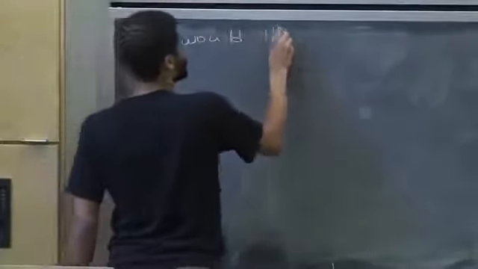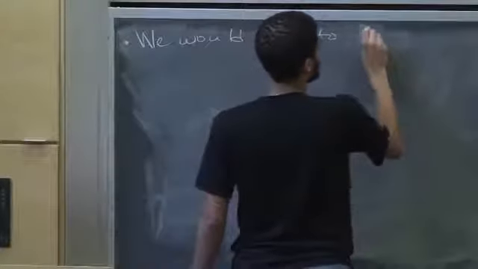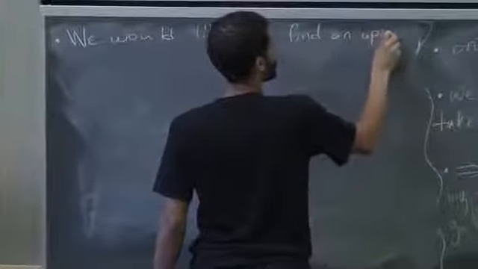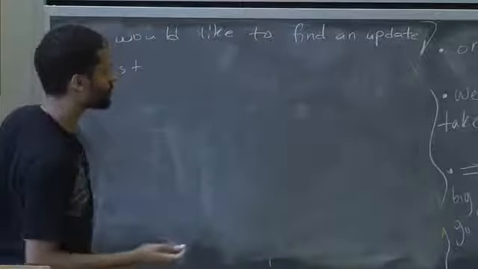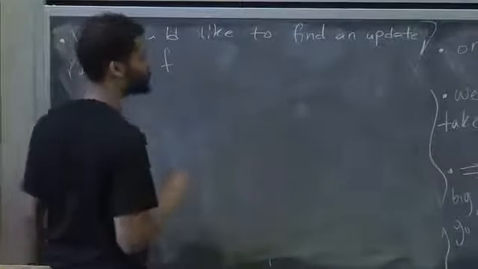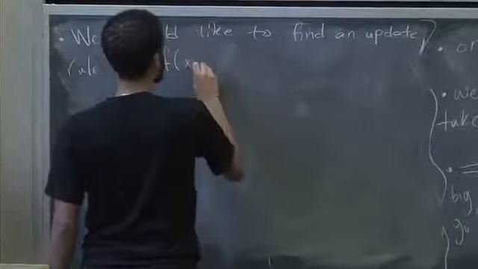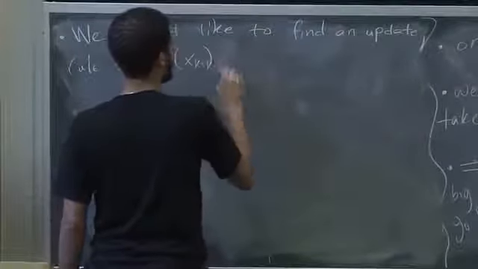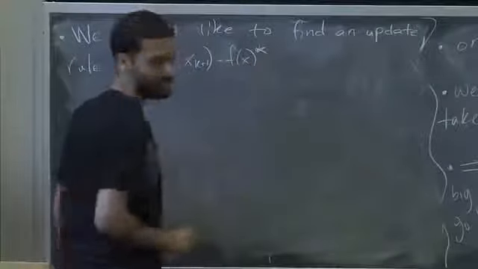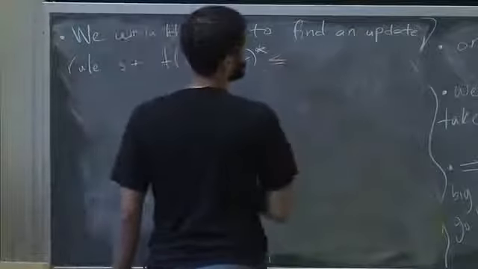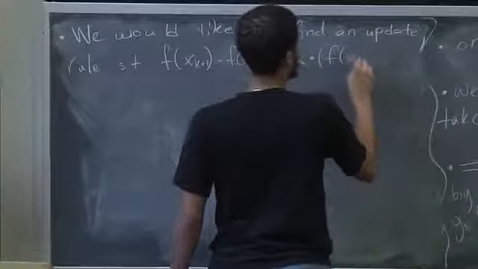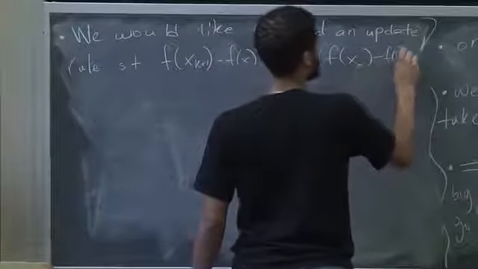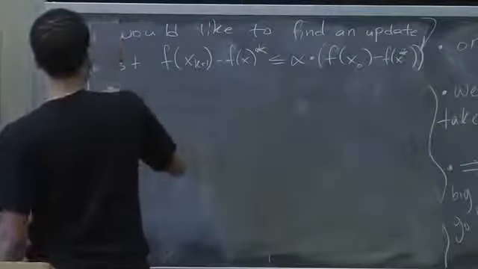So we would like to find an update rule such that, if you look at f of xk minus f of xk plus 1 minus f of x star, this is at most alpha times f of x0 minus f of x star, where alpha is small.